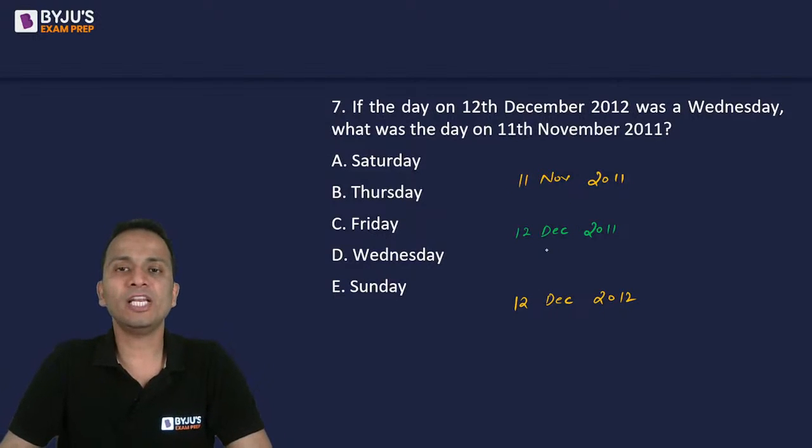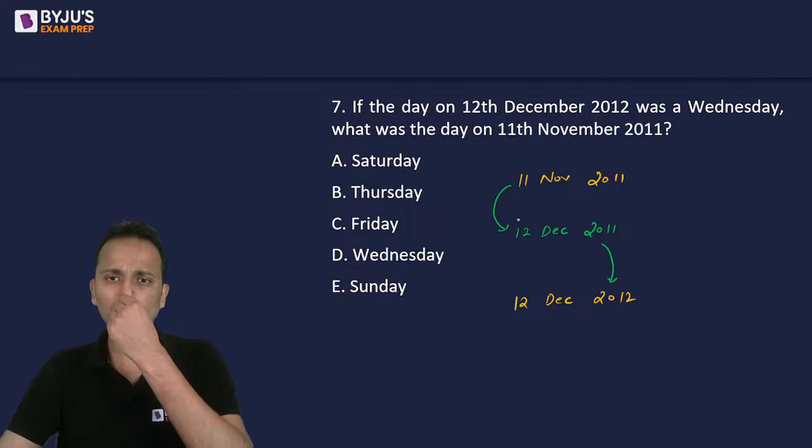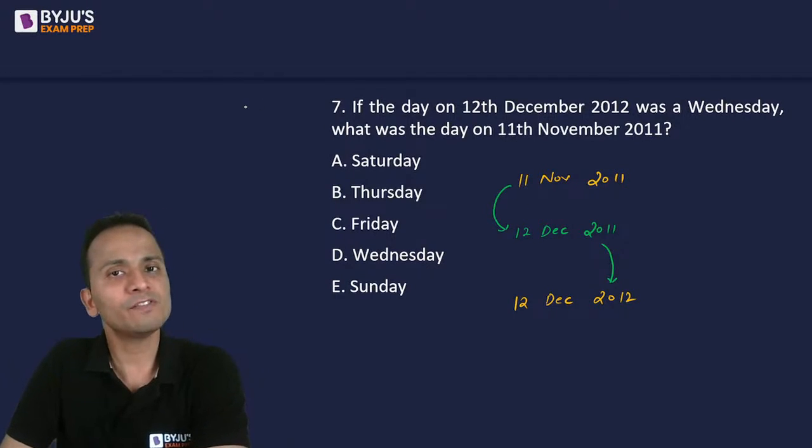Now to find the answer, I'll use an intermediate date of 12th of December 2011. So first of all, I'll go from 11th November to 12th of December, and then I'll go from 2011 to 2012. Okay. Now 11th November से 12th December के बीच में कितने days होते हैं ये find out करते हैं. How many days have been elapsed?